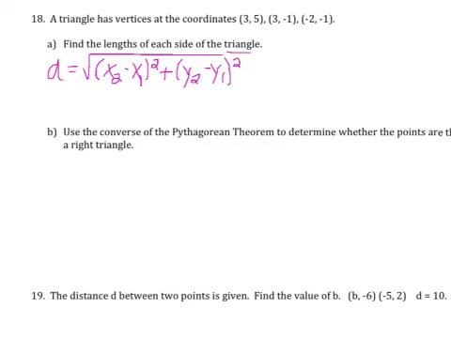Okay, so let's take a look at this problem. A triangle has vertices at the coordinates (3, 5), (3, -1), and (-2, -1). Find the lengths of each side of the triangle.